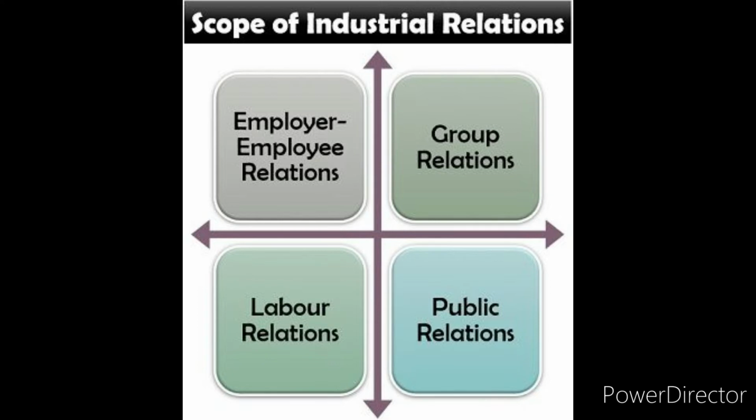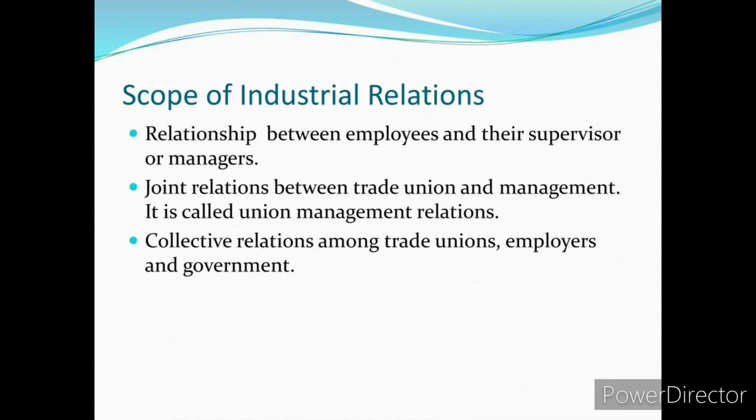It includes behavior, thoughts, actions, perceptions, and mentalities of each employee toward each other. Next is public relations. It is also known as community relations, where the interaction and relation between the organization with the society or external bodies will exist. Till now, what I said, you can see in this slide, the scope of industrial relations.